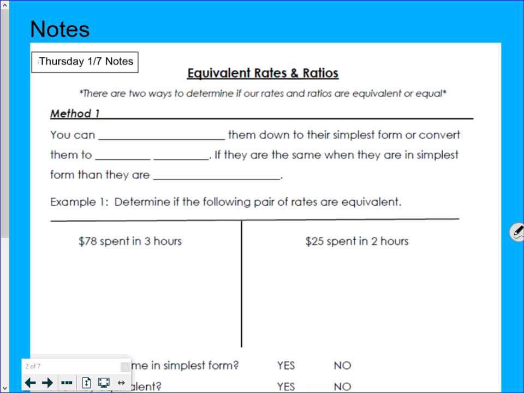So there are actually two ways to determine if they're equivalent. The first way is using unit rate. So you can simplify them down to their simplest form or convert them to unit rates.